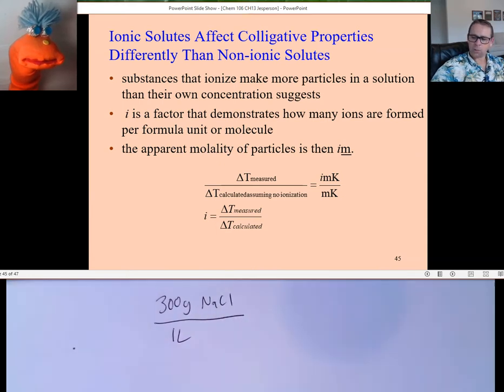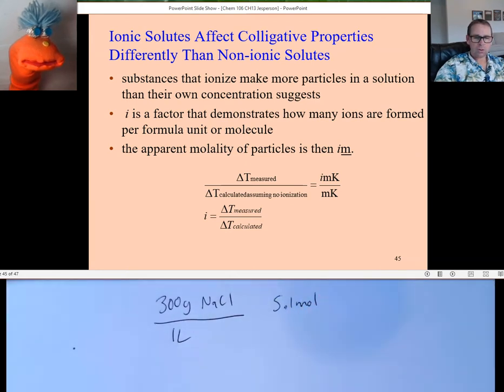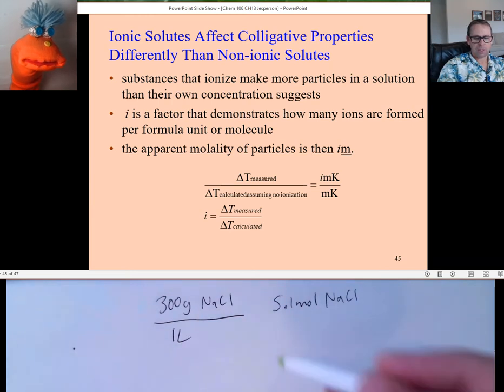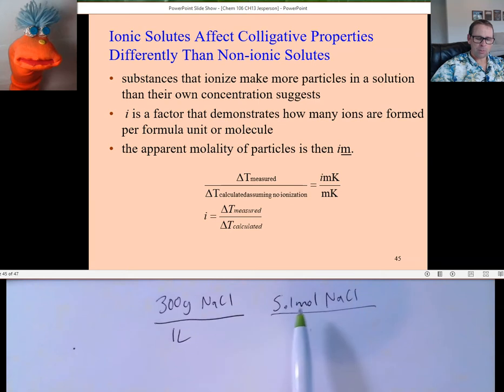There we have 5.1 moles of sodium chloride, and then I could identify with the density how many kilograms of solvent I have. But the thing that I need to also take into account is that when I put 5.1 moles of sodium chloride, I end up getting 5.1 moles of sodium and 5.1 moles of chloride.